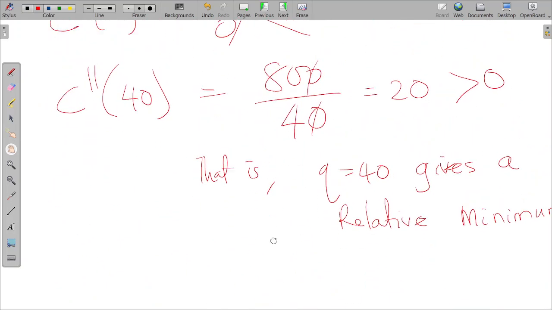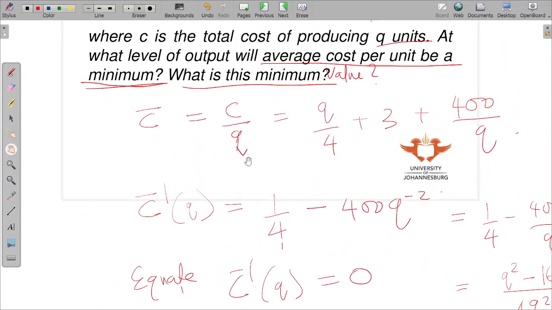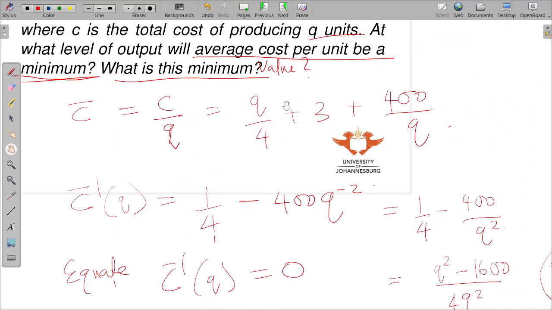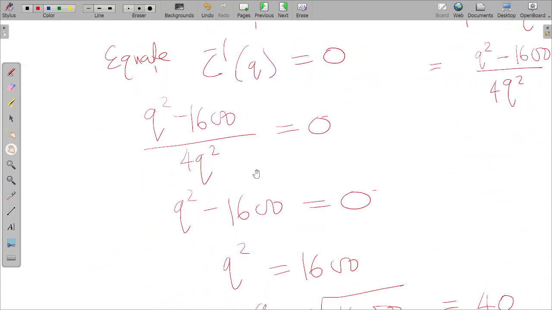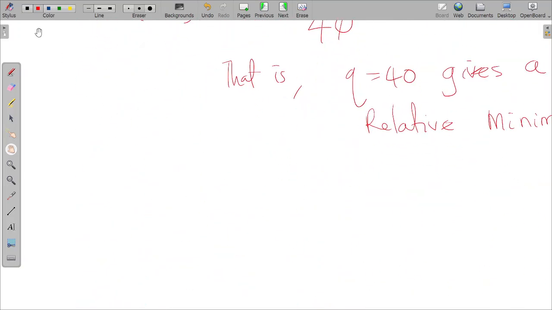Now we need to put that into the function. Let's look at our average function again. This is our average function, q over 4 plus 3 plus 400 over q. Then we put q equals 40 there to get our value.